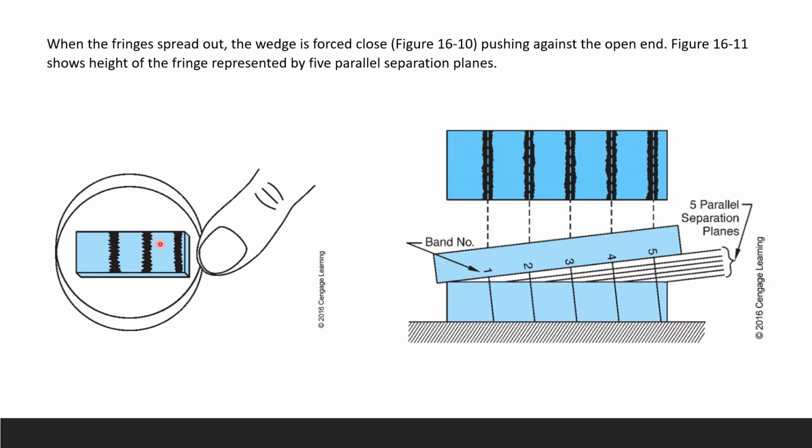If there's no change, as in the previous slide, the end is in contact. If there's force and you see the fringes spread out, meaning instead of 5 fringes I now have 3, that means you're pushing against the open end.